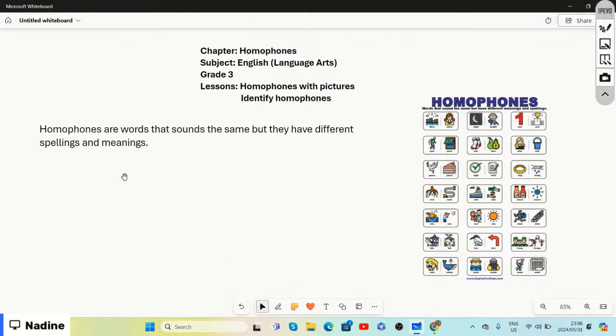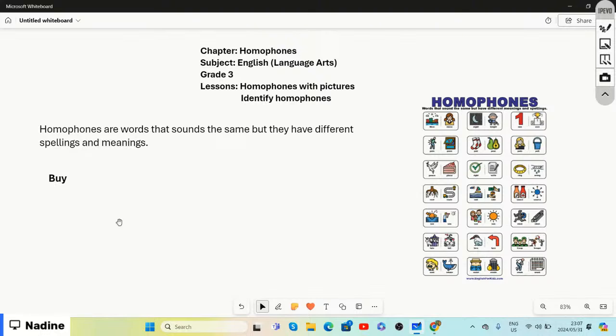If we look at words with different spellings, look at the first word, buy. This is when you are purchasing something.